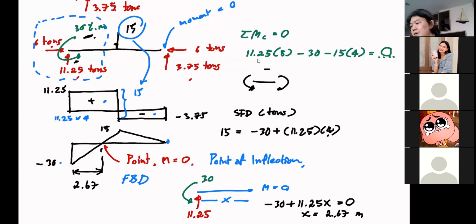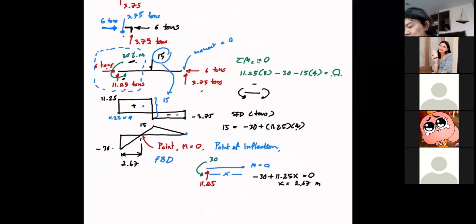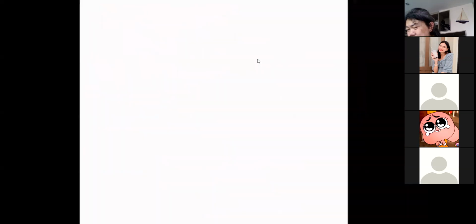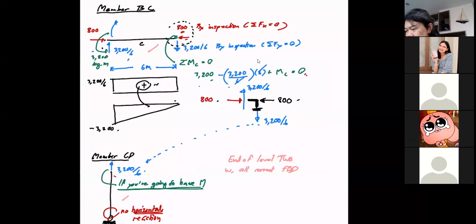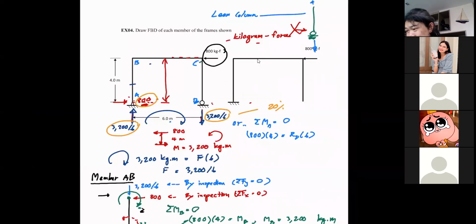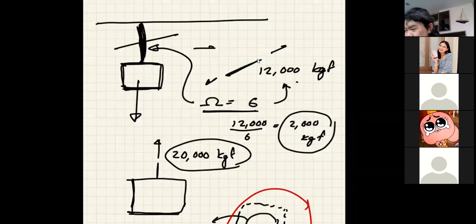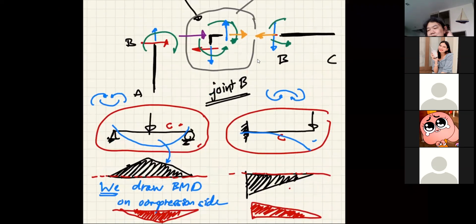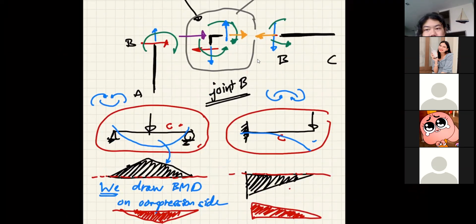Let me try to find my way back. Okay. Sorry for dragging you around. Okay, so let's do it like this. This is the beam that I drew a few hours before.